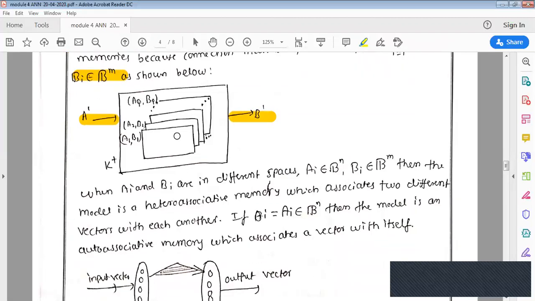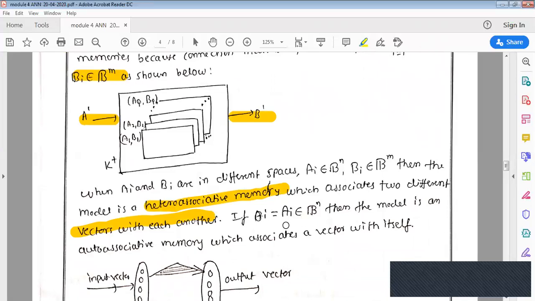So when A belongs to one space and B belongs to another space, then it is called heteroassociative memory. For example, A1 to B2, A5 to B6, something like that, which associates two different vectors with each other. So one vector you are associating with another vector.